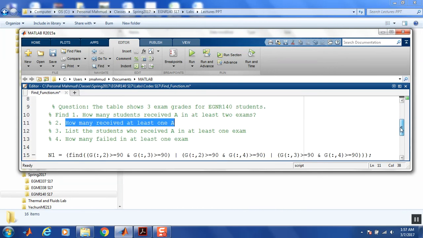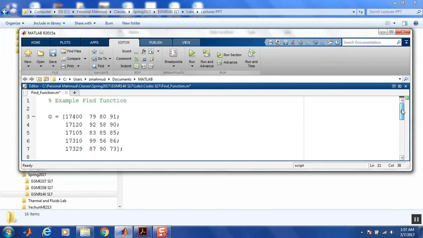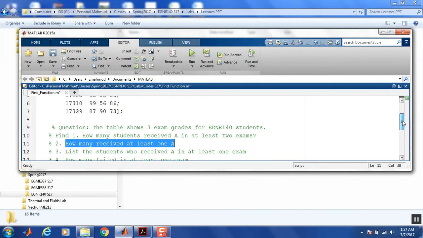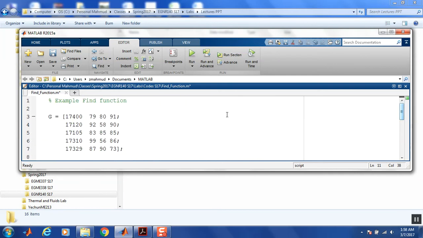For the first question, how many students received A in at least 2 exams, out of 3, at least 2 exams received an A. The way you want to do this is to pair up the columns. Pair up the second and third columns and see if both of them are above 90 or not.